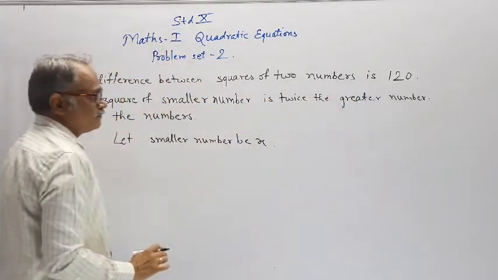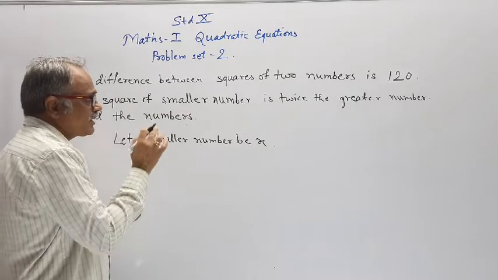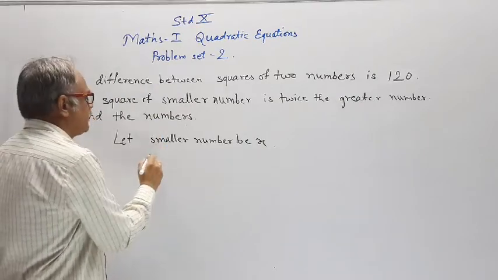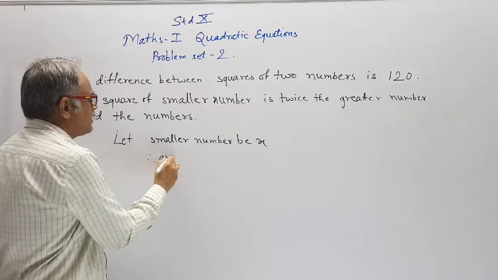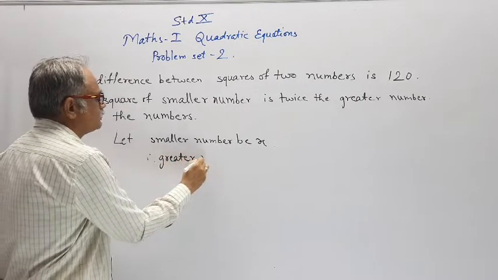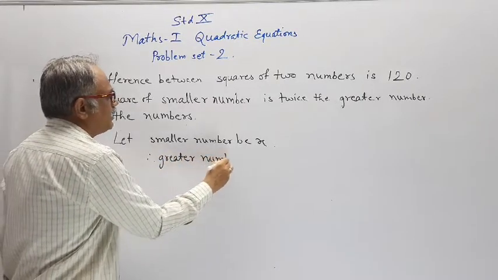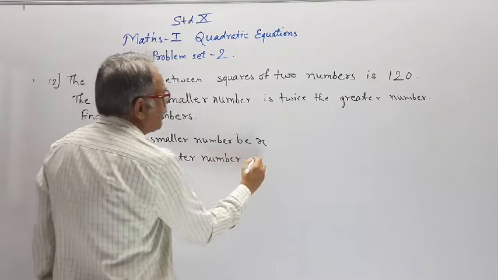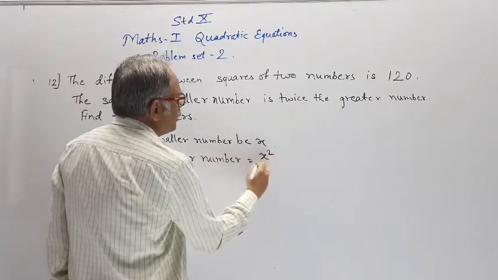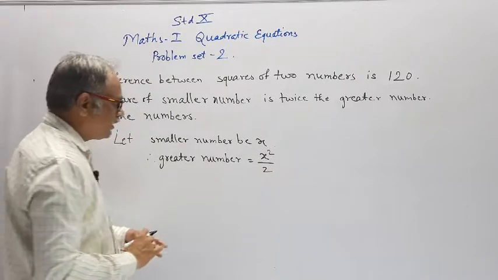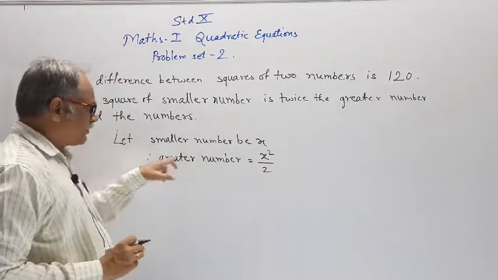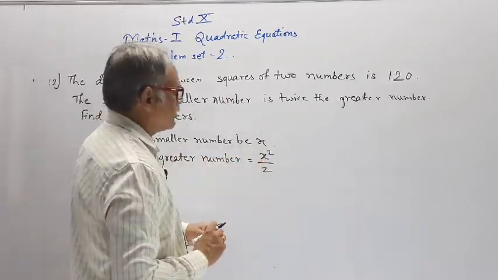Twice the greater number. So the greater number is what? x square upon 2. Therefore the greater number is x square upon 2. Why? Twice the greater number is the square of the smaller number.